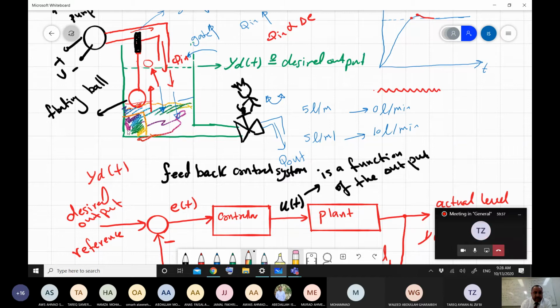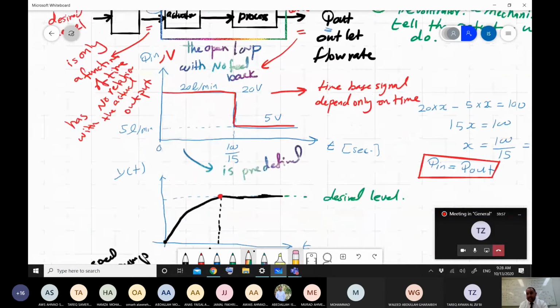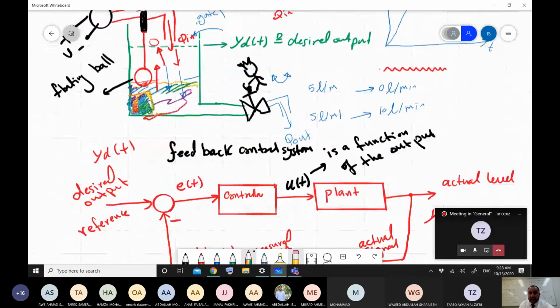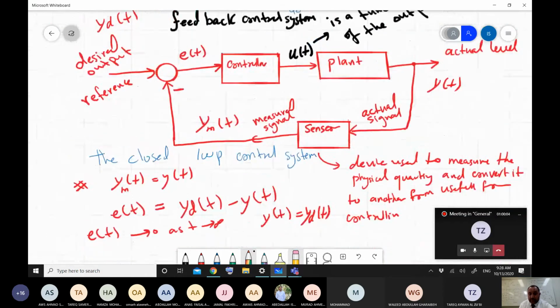Now, this is an external object, correct? Which will take some volume, which means that now the volume is not the same. Which means now I need to inject less water in order to achieve the desired level. Although the open loop cannot see that and cannot react accordingly, the closed loop can do that. Good?